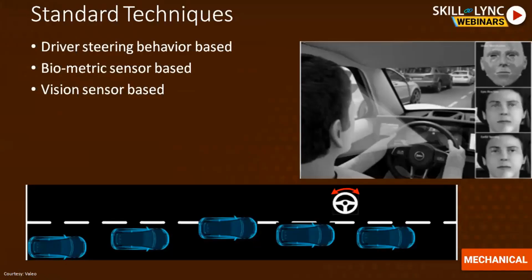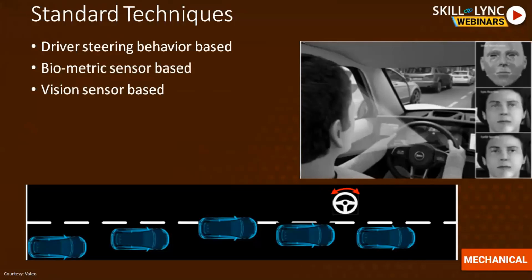We'll talk more in detail about this in the upcoming slides, but essentially we monitor the driver's steering wheel information and also the lane information of where the vehicle is within the lane. Combined together, a complex model is developed.